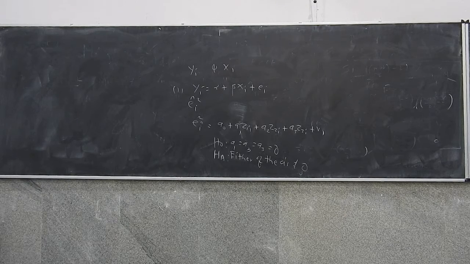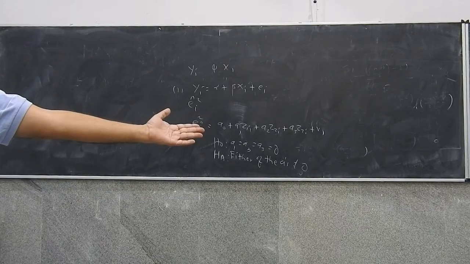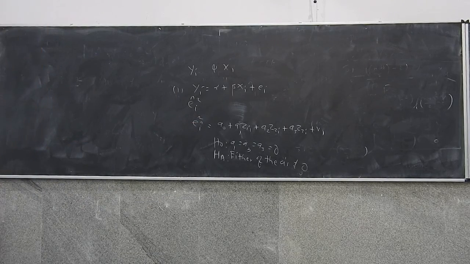We are setting all of them to be a constant number. If a1, a2, a3 are 0, then you just have the model e hat i square is equal to alpha 0 plus e_i. So the expectation of e1 hat square, e2 hat square, e3 hat square, all of them are equal to sigma square, which means there is no heteroscedasticity. They just depend on the unbiasedness of the estimators.